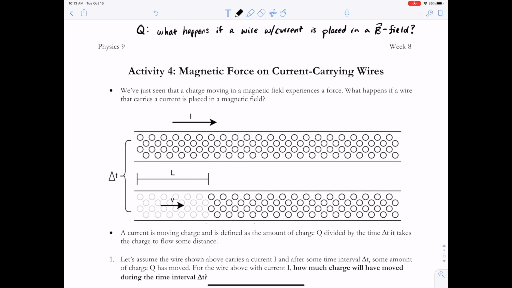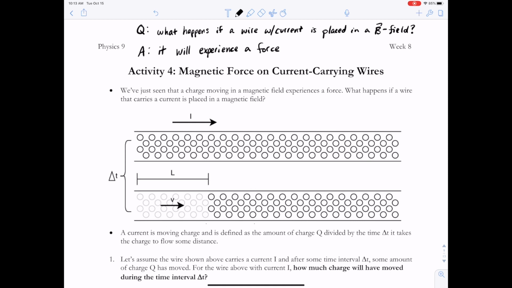And as we saw in the video just before, the answer is it too will experience a force. And of course, the next question is, can we derive an equation that describes that force?